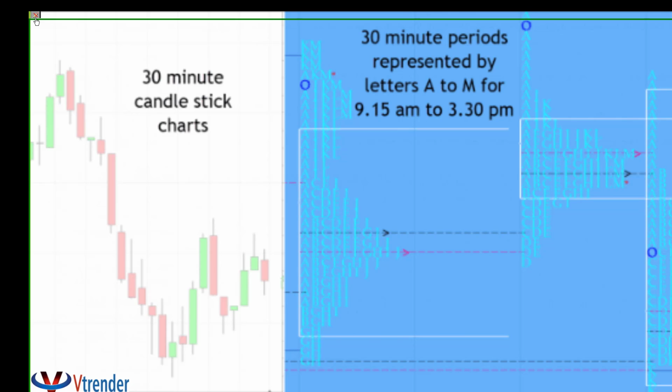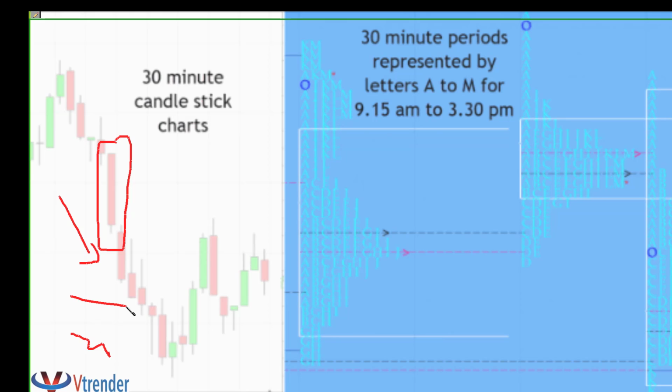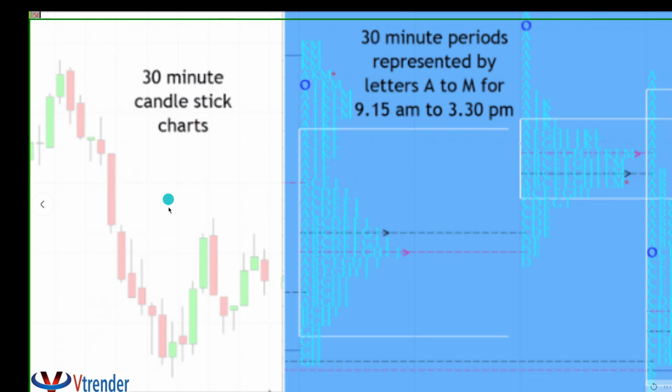Instead of focusing on what was happening inside the bar, they tried to look outside and draw inferences from what it was showing underneath and above. In market profile, we want to go deeper and look at what is happening inside this bar.